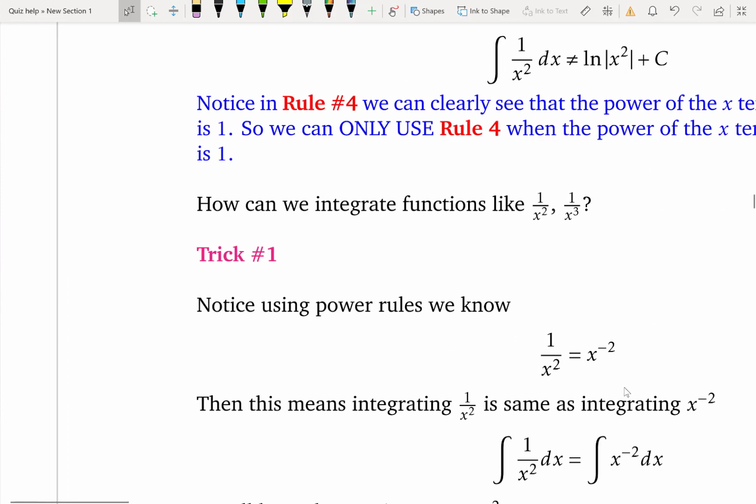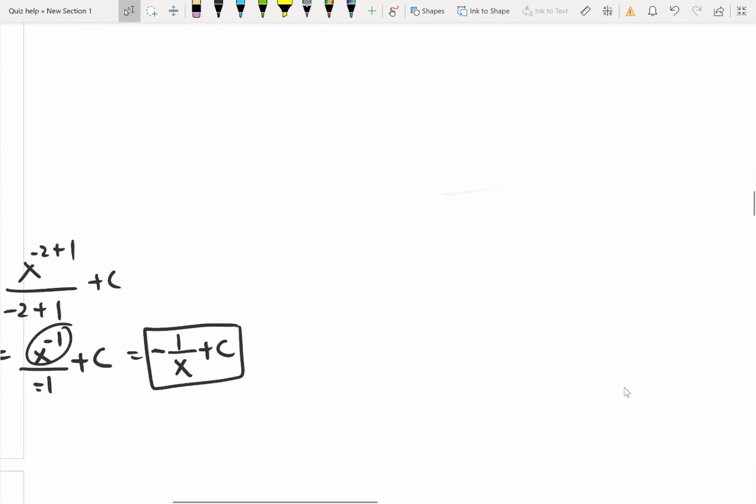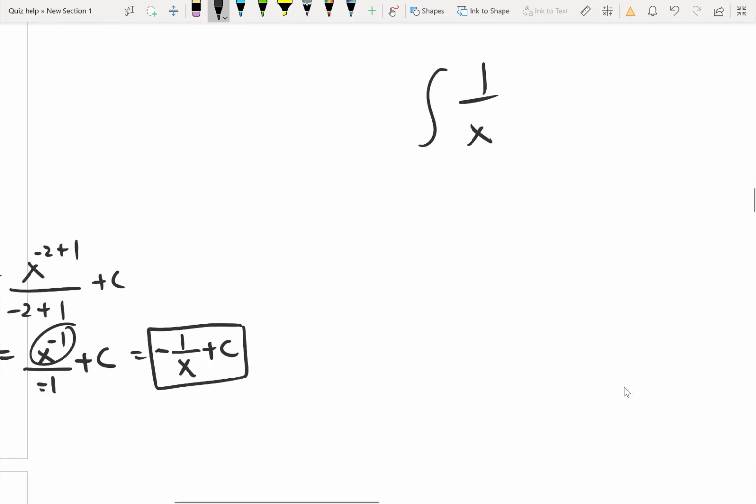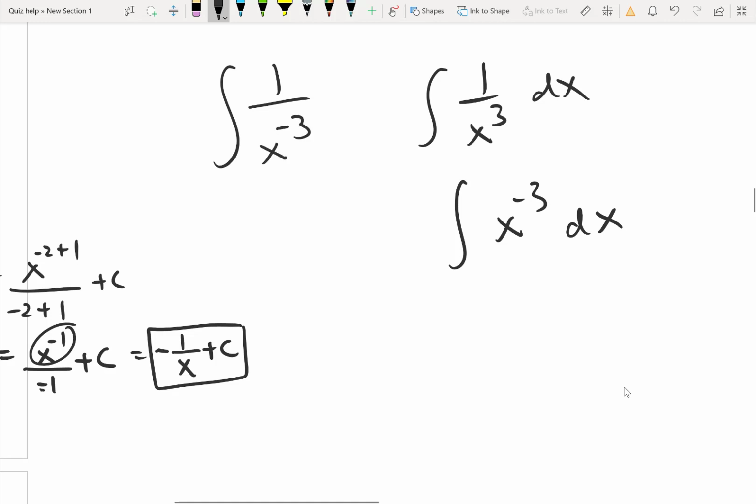So how do you integrate, let's say, 1 over x cube? Well, write it as x to the negative 3. Now when you switch the denominator x cube to the numerator, it becomes x to the negative 3, because the sign switches. Here we had positive 3, so it became negative 3.